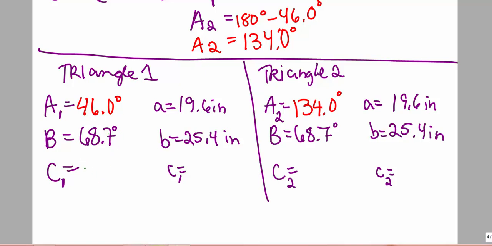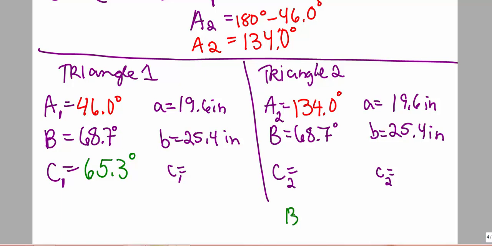And I get that angle C would have to be 65.3 degrees. And that is possible. So we have one possible triangle. But what about in triangle 2? Well, in triangle 2, if you take 180 degrees and you subtract 134 and you subtract 68.7 degrees, we will have nothing left over for angle C.